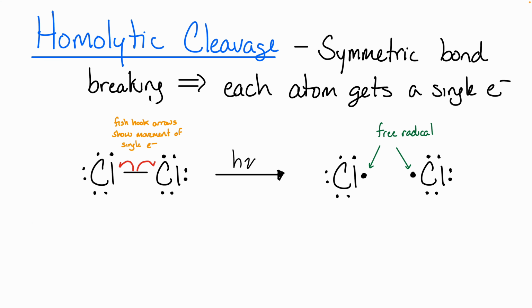So in order to create this homolytic cleavage here, we're going to just hit our chlorine gas with some photons. Whenever you see h nu, it means that you're shining in light or sending in photons to your sample.